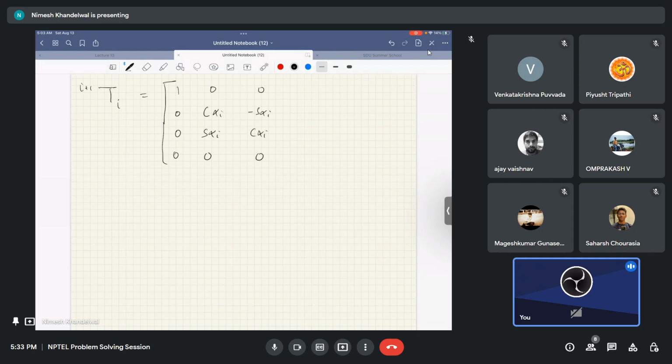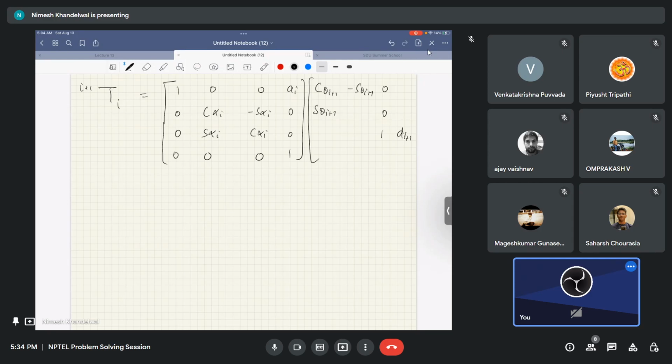Okay, so what we will now do is see what the final transformation matrix is. In this case it was cos theta I plus 1, sine theta I plus 1, 0, 0, 1, I plus 1.